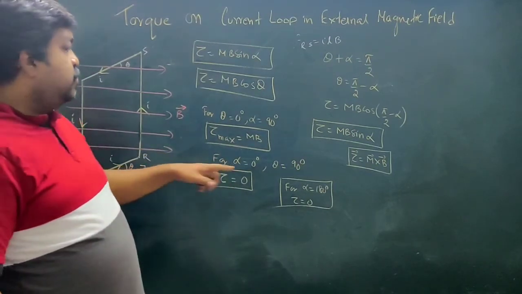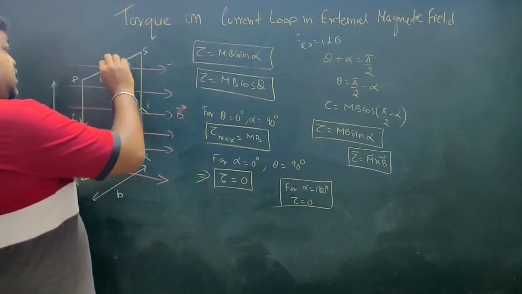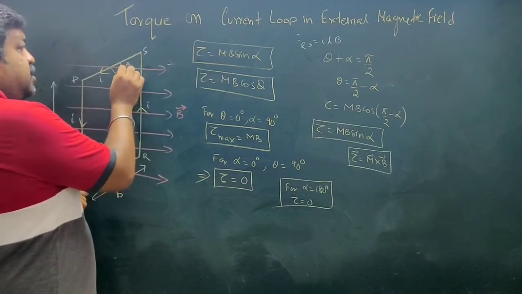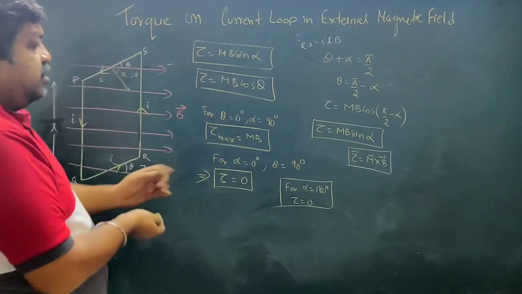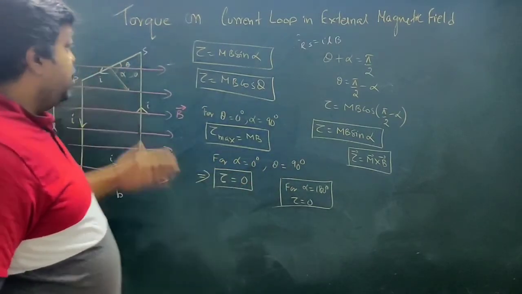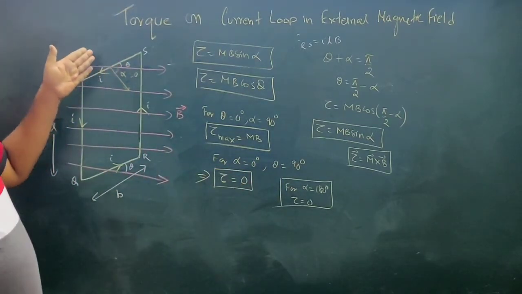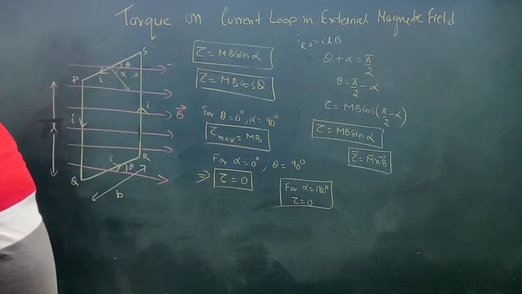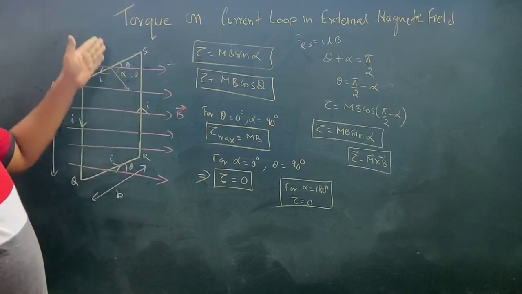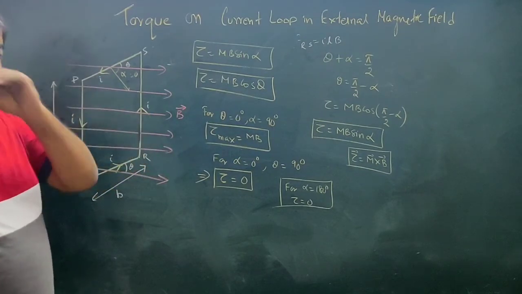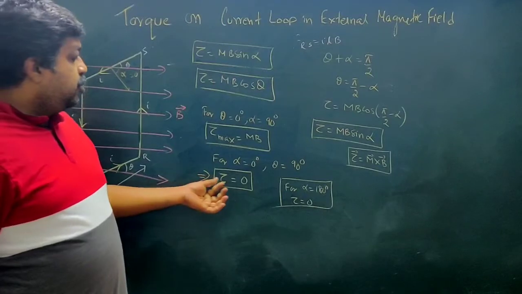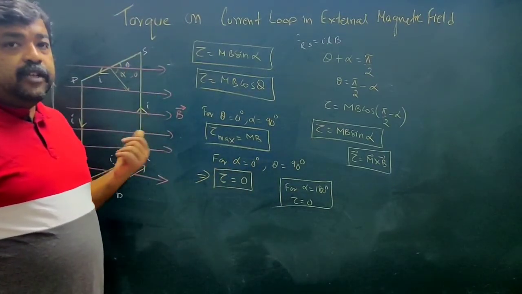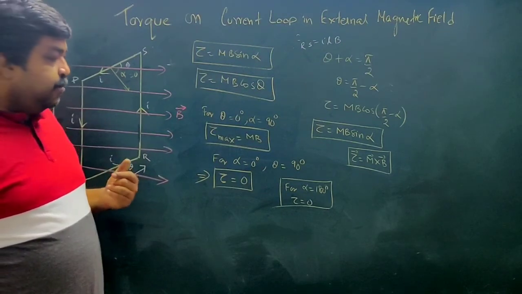See, alpha is equal to 0 degree means this angle is 0 degree, or theta is 90 degree. So that means if the coil is placed perpendicular to the direction of magnetic field, then the torque on the coil will be 0. When the torque is 0, we say that the coil is in equilibrium.